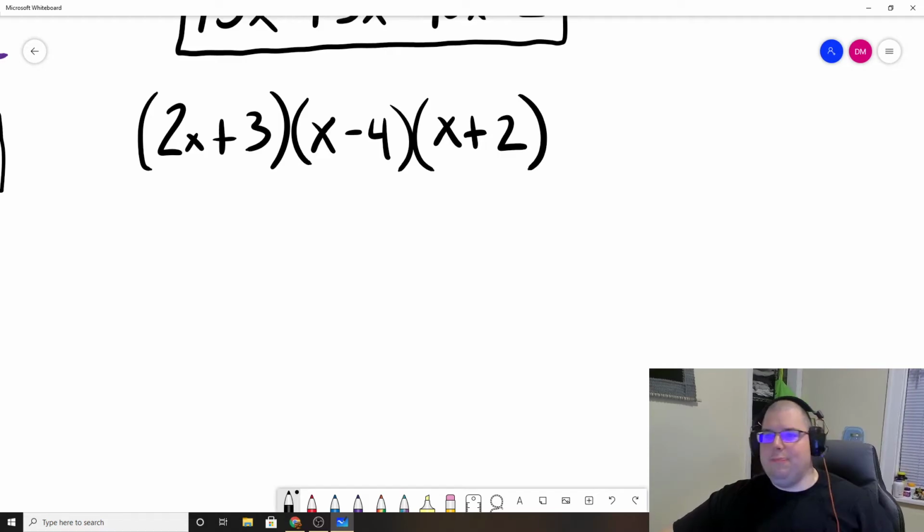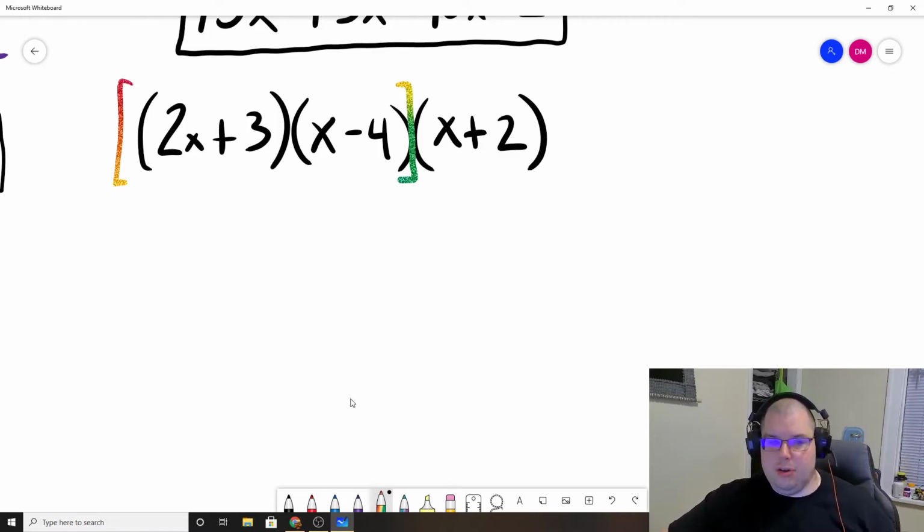That should be good. So the first thing we want to do is take the first 2 binomials together. We're going to put some rainbow brackets around those, and we're going to use FOIL with just those 2 binomials. So we start with the F in FOIL, which stands for firsts.